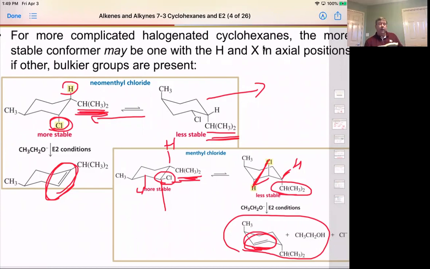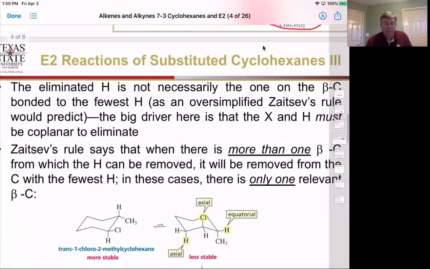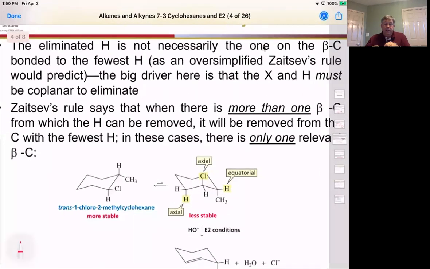And when we see it with the cyclohexane, we can look at it as helping us to decide which kind of Zaitsev rule product we're going to be getting. Okay. So the eliminated hydrogen is not necessarily the one on the beta carbon with the fewest hydrogens as the Zaitsev rule says.